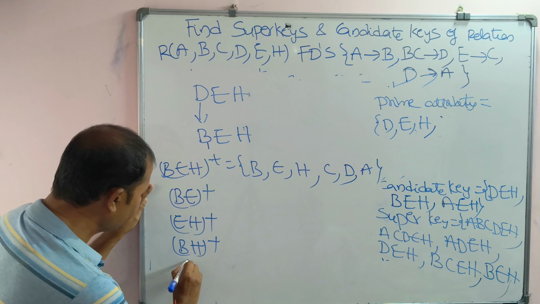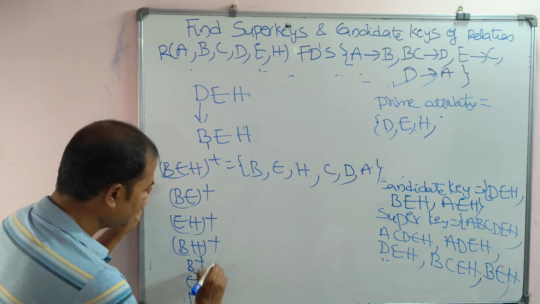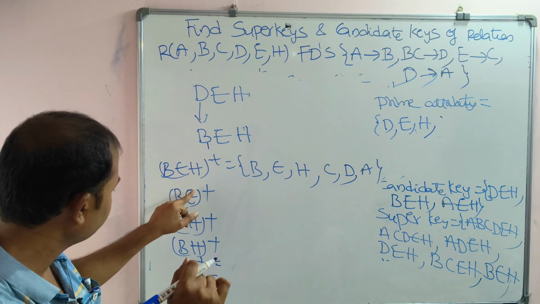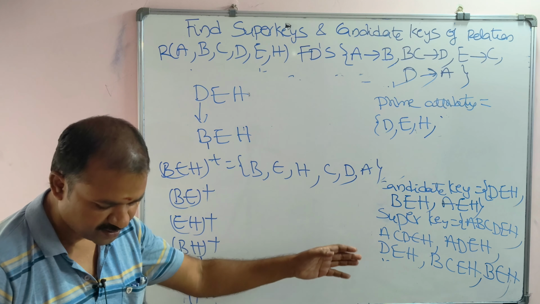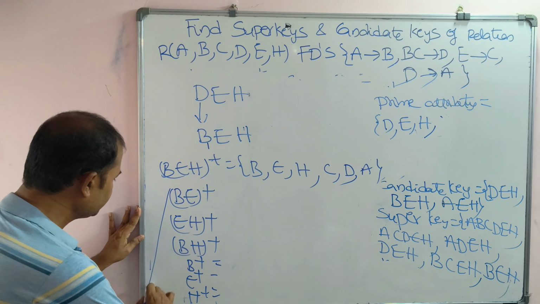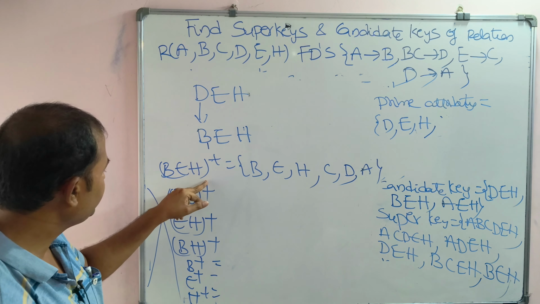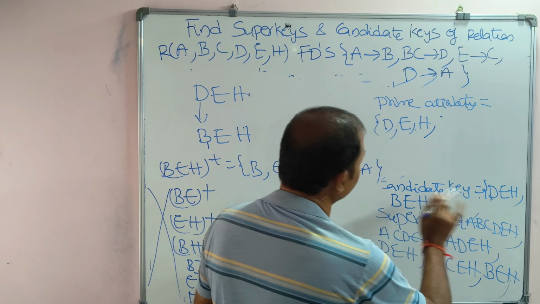Next, with 1 attribute we have B, E, H. But if we calculate the closure, then all these keys don't determine all the attributes. So all these are not super keys, and we can say that this BH is the candidate key.